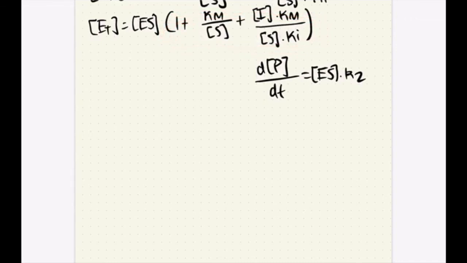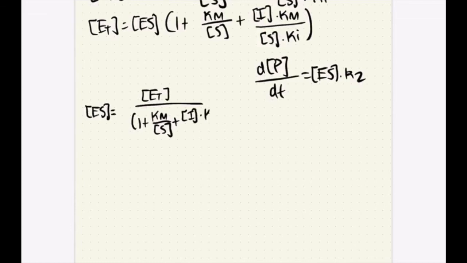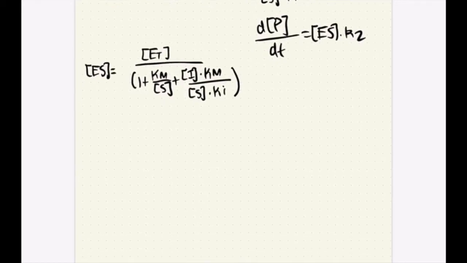So the enzyme substrate complex concentration is equal to the total enzyme concentration divided by 1 plus the Michaelis constant over the substrate concentration plus the inhibitor concentration times the Michaelis constant over the substrate concentration times the inhibition constant.